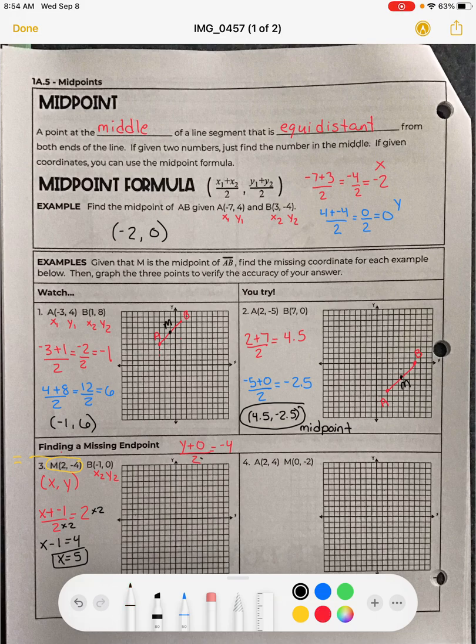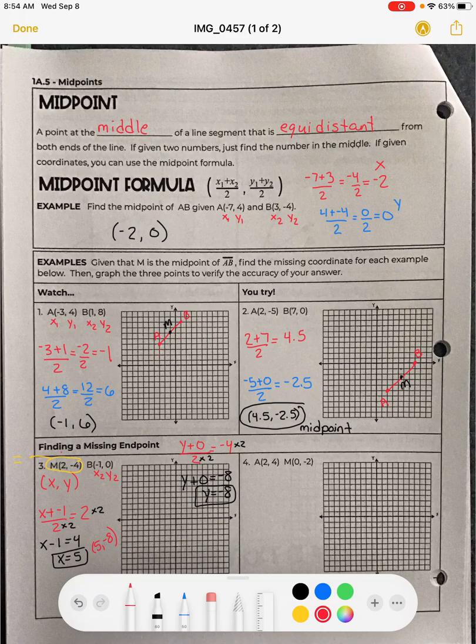To solve, you multiply by 2 on the other side. So you get y plus 0 equals negative 8. So y equals negative 8. The endpoint I was looking for, my x and my y, came out to 5, negative 8.